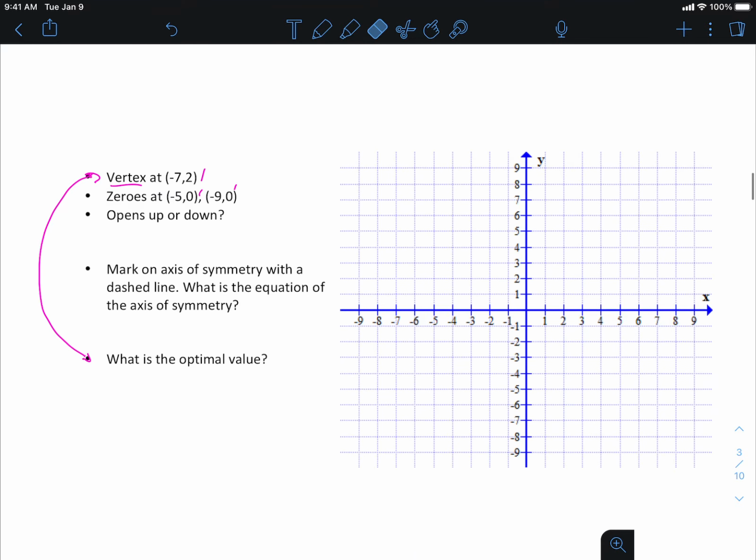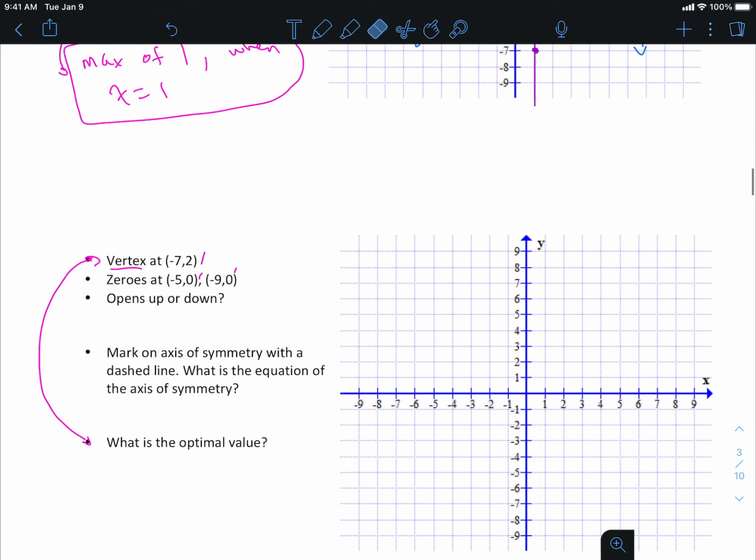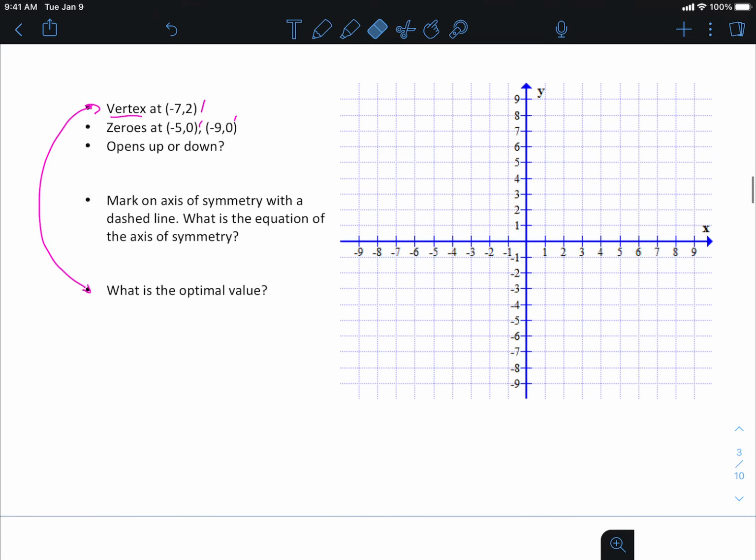That's why I emphasized that at the beginning of the course too. Can you plot points, x and y? Most of you can. That's the first question on the test, about the snowfall. It gave you a table of values, and you just plot the points.